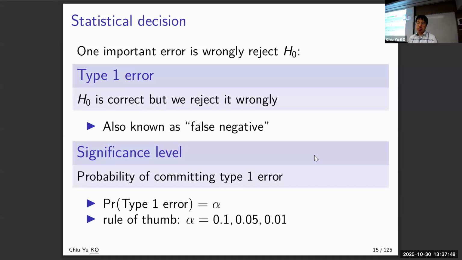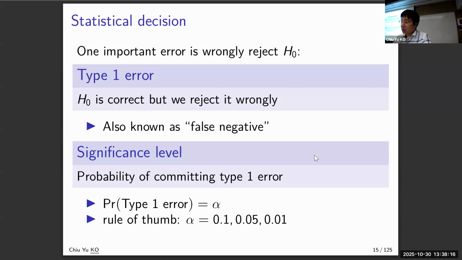It's important to understand that when we do hypothesis testing, we will always make mistakes. There's no way we can be 100% sure. So we have to decide what level of error we're going to make, the type 1 error, because even if the null is true, by probability it can go wrong.